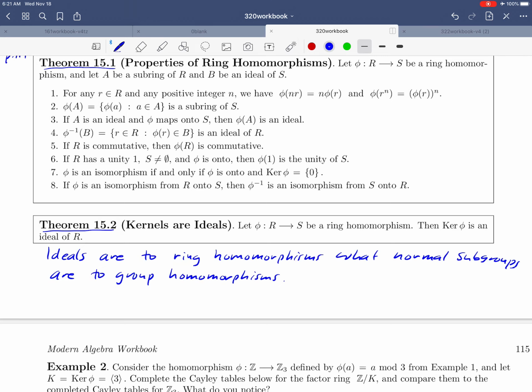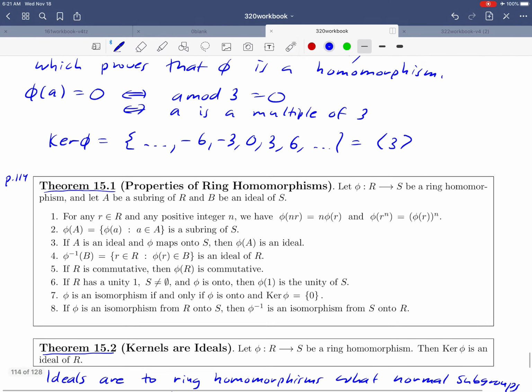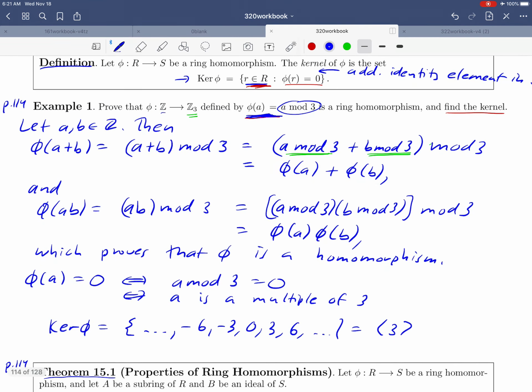Just to give you one example of this that we've already looked at, let's scroll back up and look at the example that we did. In example 1 up here, we proved that that mapping was a ring homomorphism, and then we calculated its kernel down here at the bottom of the page, and notice what we got.